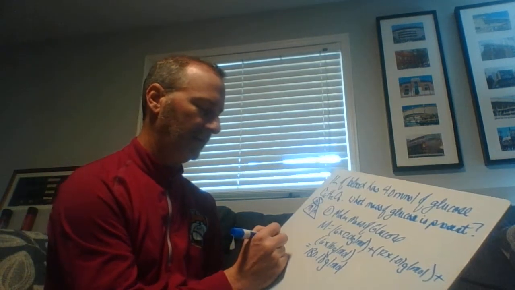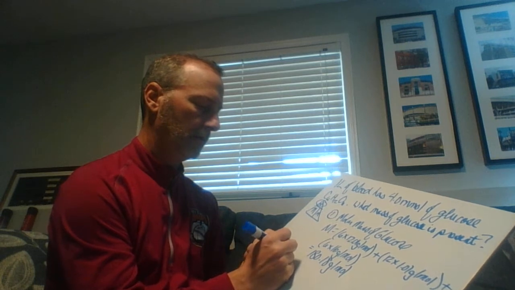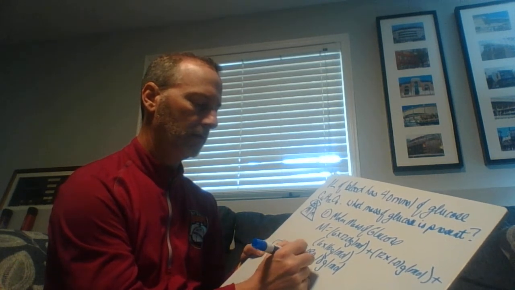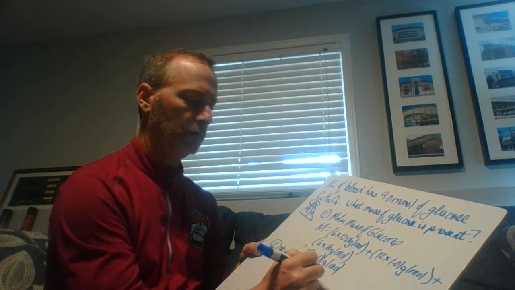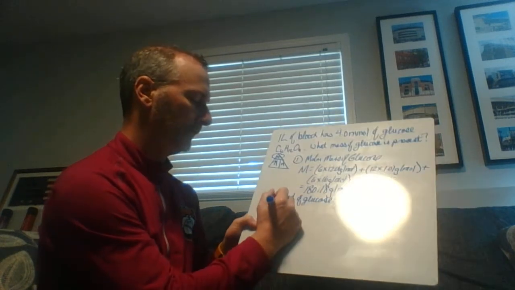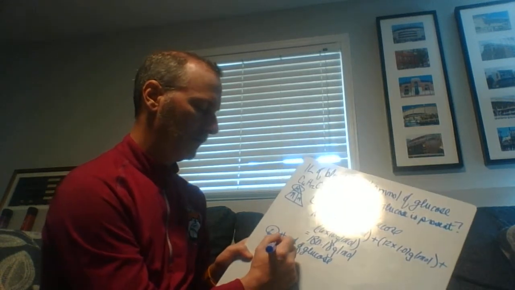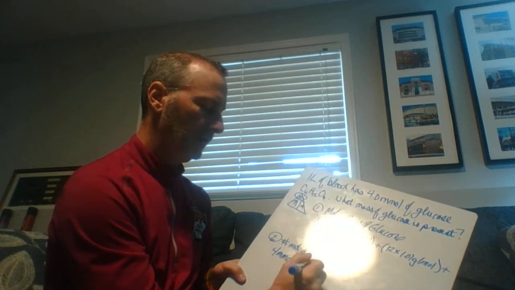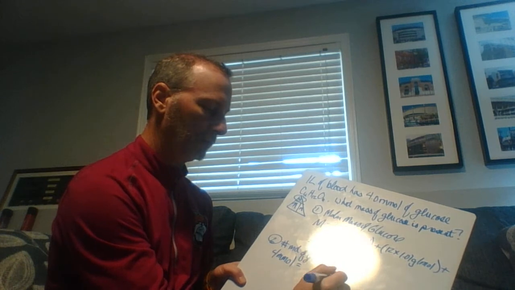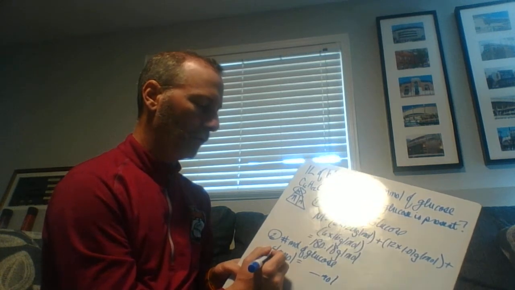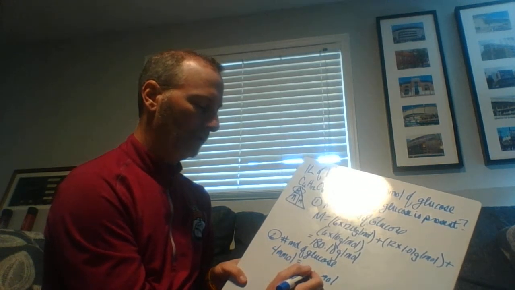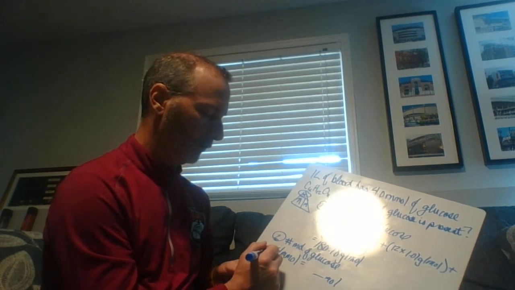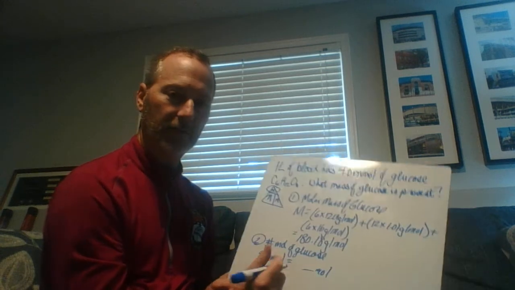Now my next step is the number of moles of glucose. Right now I have 4 millimoles, equals a blank number of moles. We know that to convert 4 millimoles into moles, we divide by 1,000. So 4 divided by 1,000, because it's a factor of 1,000.